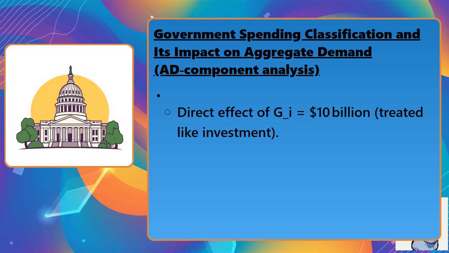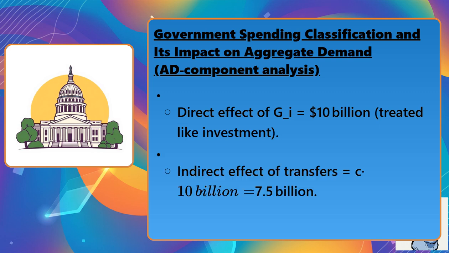Direct effect of G sub I equals $10 billion, treated like investment. Indirect effect of transfers equals c times $10 billion, which is $7.5 billion. Total initial increase in aggregate demand equals $47.5 billion.